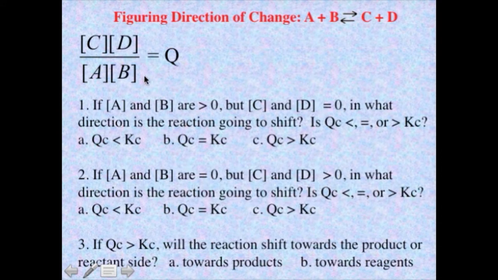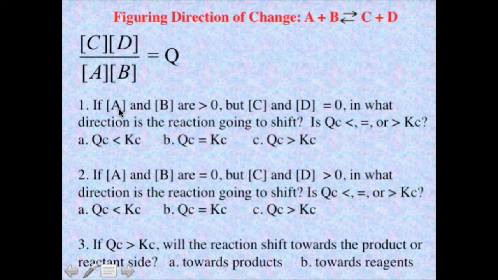Okay, so here we have the mass action equation, concentrations of C times D, which are the products divided by the reagent concentrations A and B, that equals Q. And now what we're going to do is take a look and see how Q compares to K and which way the reaction is going to shift based on that.